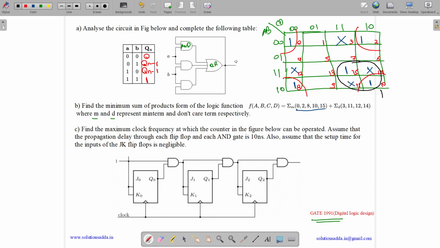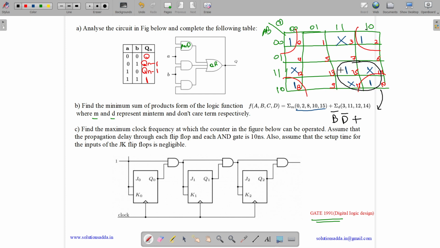What will be the output? For the 4 corner grouping, this is 0 and this is 1, which means C gets cancelled and we get D complement. For this and this, the differing variable A gets cancelled, and we get B complement.